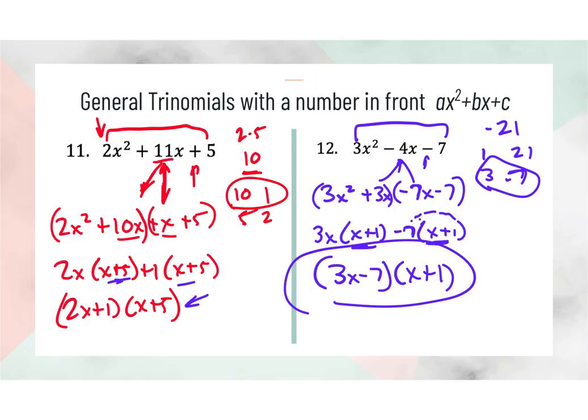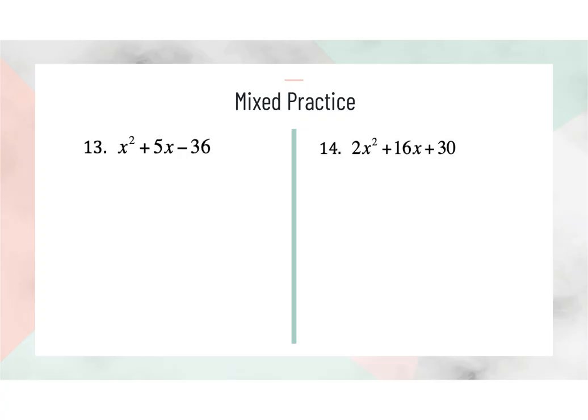All right. Couple more. Mixing it up. What multiplies to negative 36 but adds to positive 5? So 36 and 1, 2 and 18, 3 and 12. Let's see, 6 and 6.